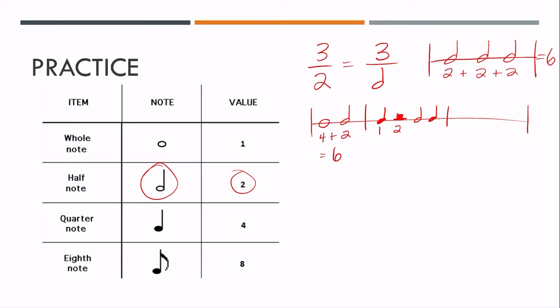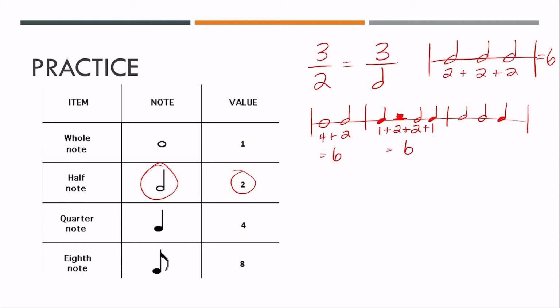We know that a half note is also worth 2. And same thing, a quarter note is 1. 1 plus 2 is 3. Plus 2 is 5. Plus 1 equals 6. So does that measure work? Yes, it does.